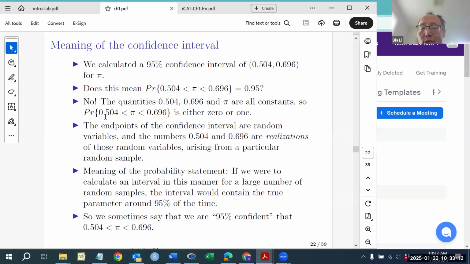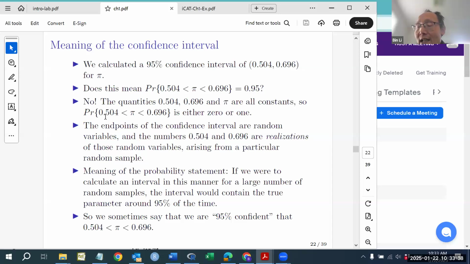These are realizations of those random variables from a particular data set. If we resample again, the constructed confidence interval will be different. But in the frequentist point of view, the parameter itself is unknown but fixed, while our confidence interval is random.